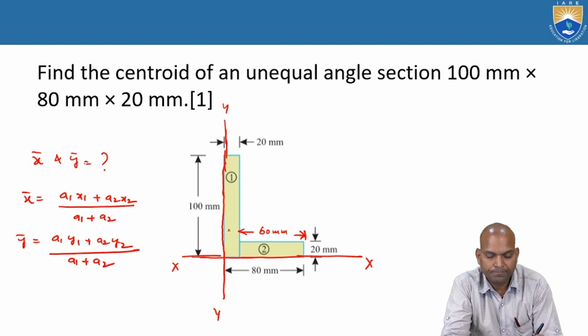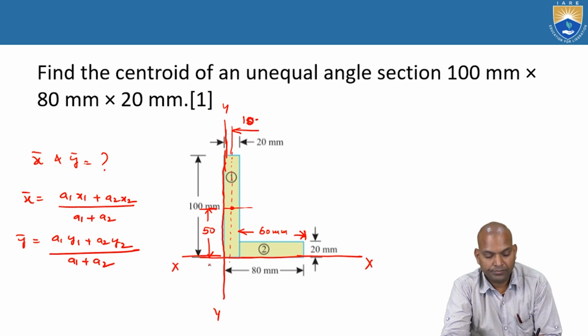So what is the centroid point G1 of section 1? The distance is 20 millimeters by 2, that is 10 millimeters, and along the 100 millimeters it is half of that, that is 50 millimeters.